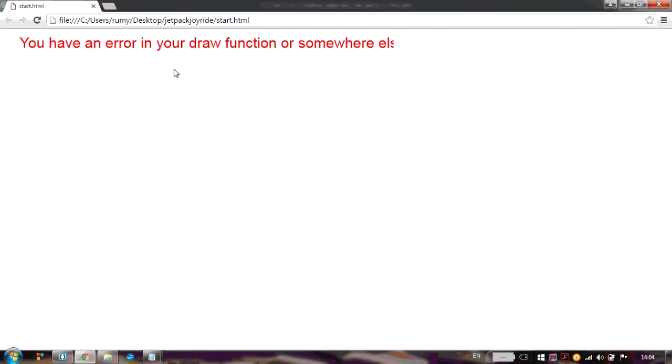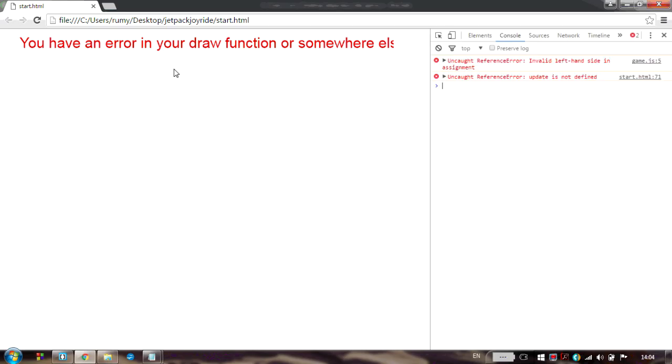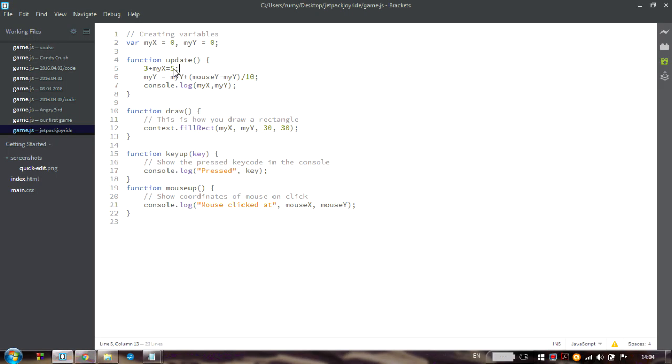So my computer now says something really scary. Invalid left hand side in assignment on line 5. This is my line 5, and in the left side of assignment there is something that I think is correct. It's 3 plus my x.